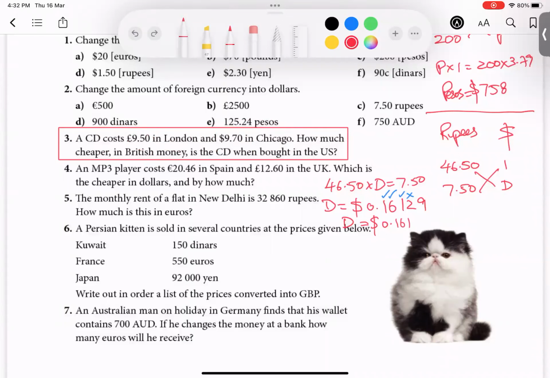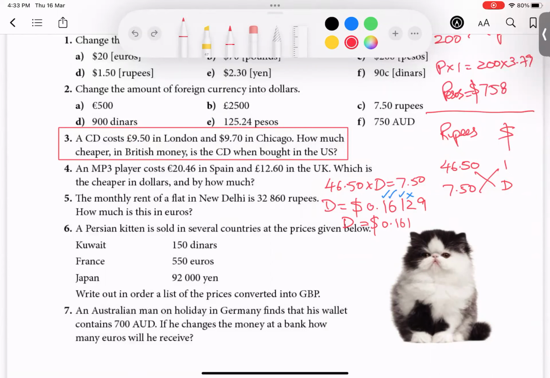What I mean is I have to convert it. He said how much difference in British money. Here pounds is given and here dollars is given. So the best technique is to convert the dollars into pounds, and then subtract to find the difference.